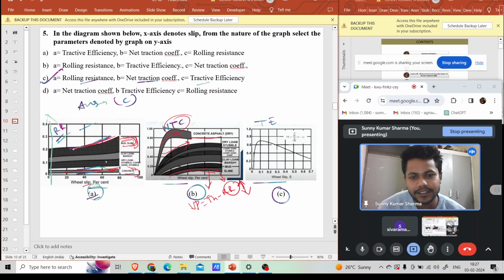In tractive efficiency, why does it increase and then decrease? Can you explain?